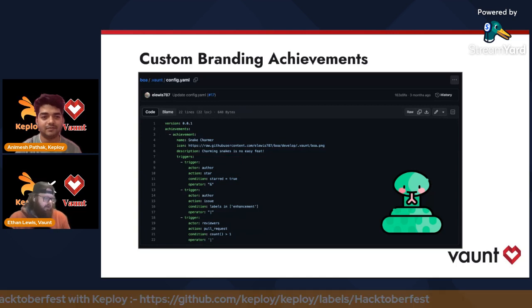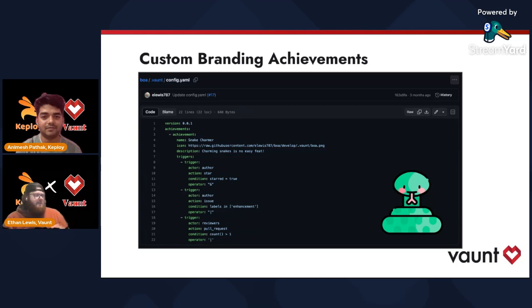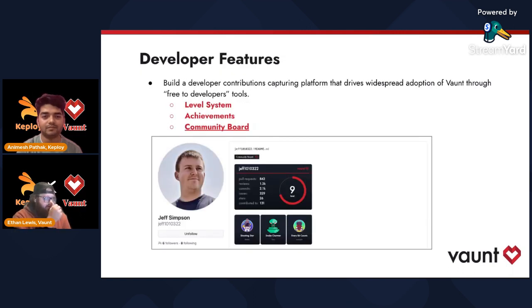Yeah, absolutely. So outside of just the achievement system that we have, and again, there's some pretty unique things here that we're pushing out, we do offer a number of cards that we allow developers to showcase on their profiles.